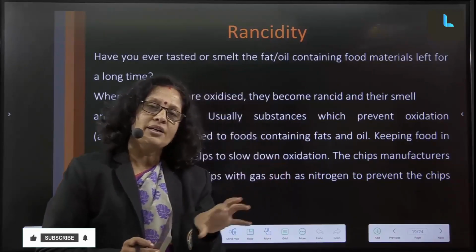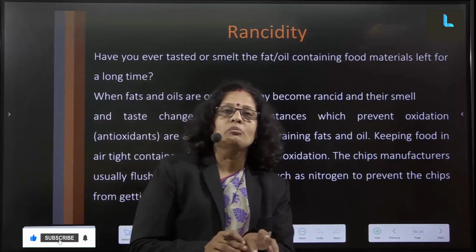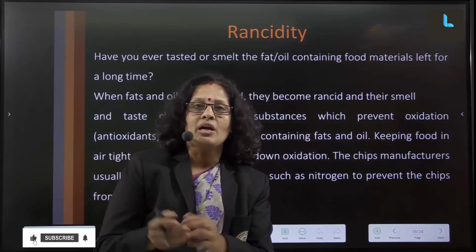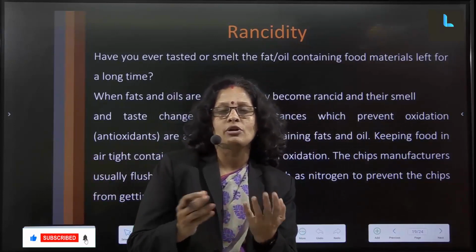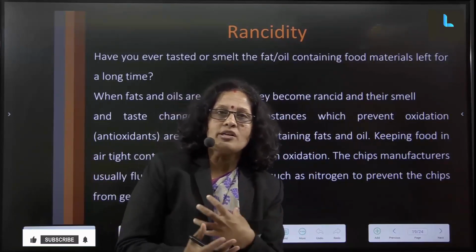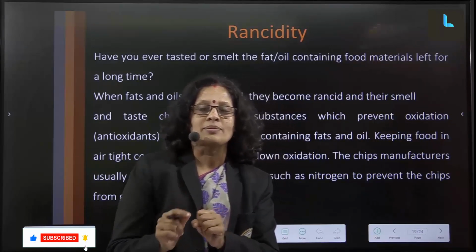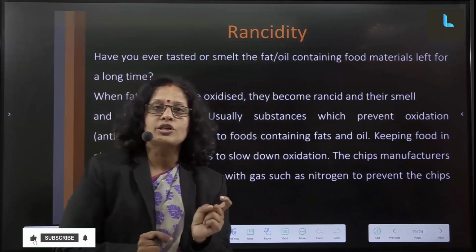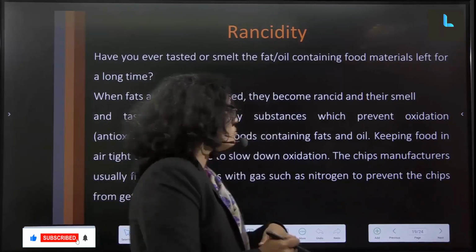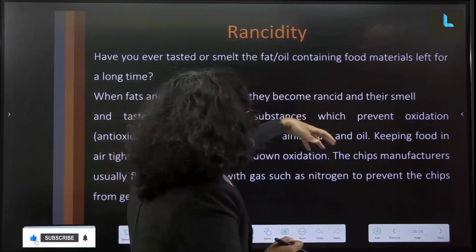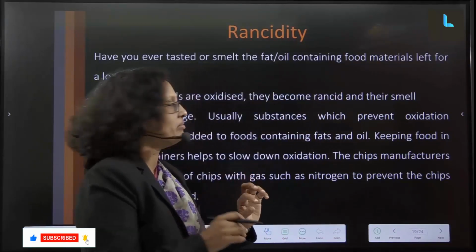The marketed products, like butter from the market, stay on shop shelves for months without changing color or smell. Why does this happen? Because they add antioxidants. Antioxidants are substances which prevent oxidation in that substance. Now have you ever tasted or smelt a fat or oil containing food material left for a long time?